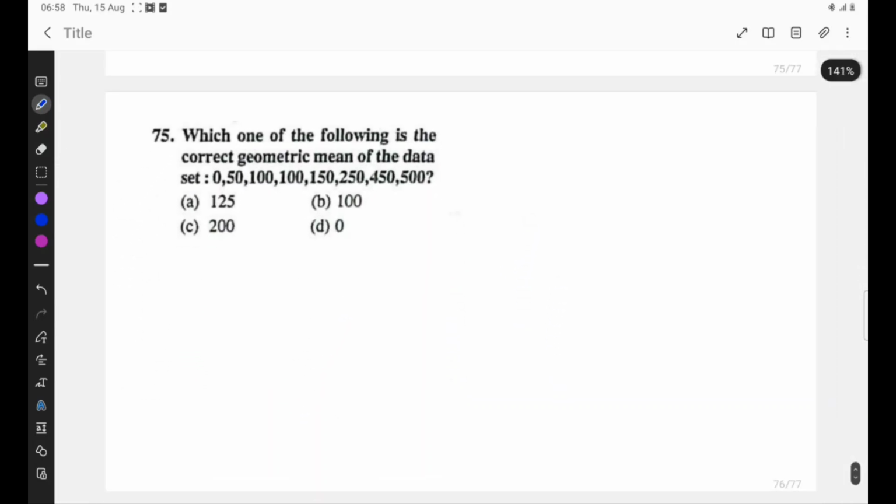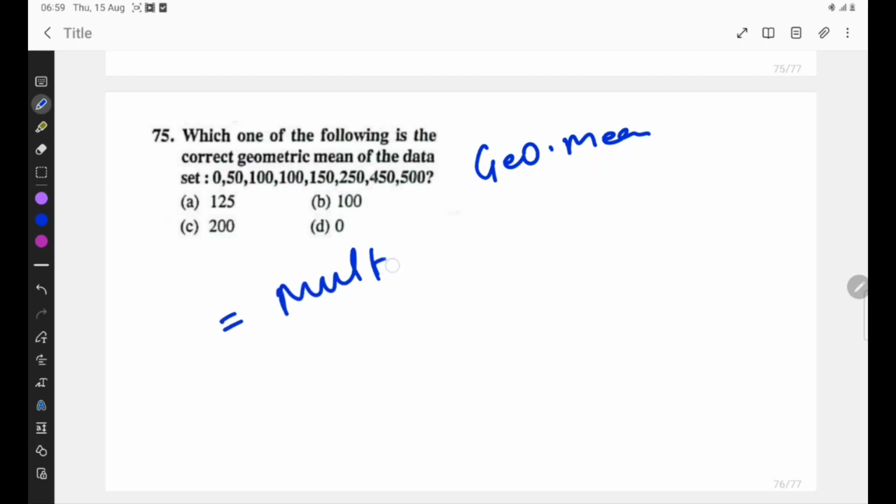Which one of the following is the correct geometric mean of the data? Basically the formula for geometric mean is that we have to multiply all the data.